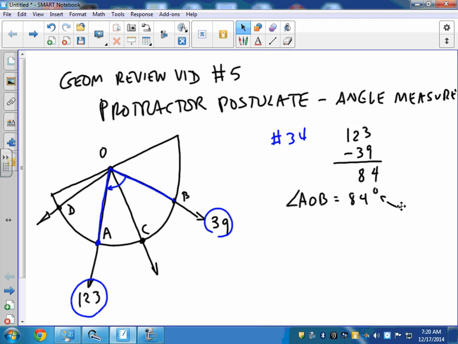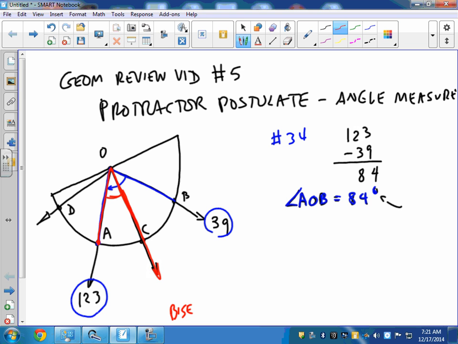Okay, number 35, find the measure of AOC. Okay, so let's find AOC. Well, this is obviously part of the blue one. The blue one we said, let me do that over here in blue so we can keep track, AOB measured 84 degrees. And then we're supposed to find AOC, and it does say that ray OC, this ray right here, bisects, and the word is bisects, right?